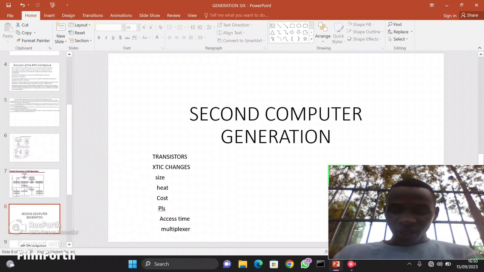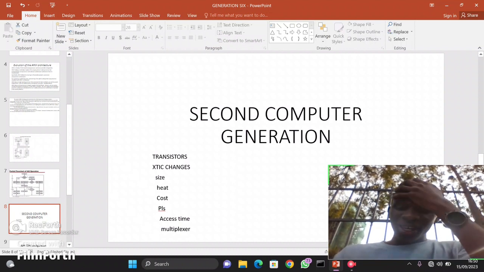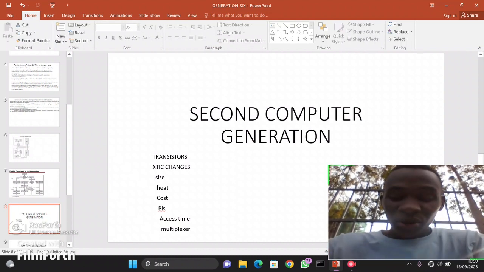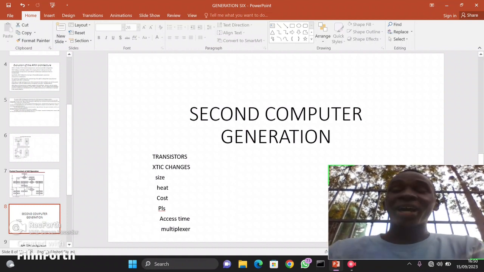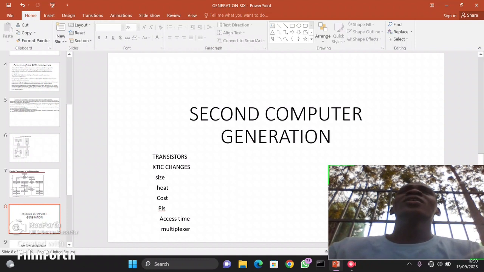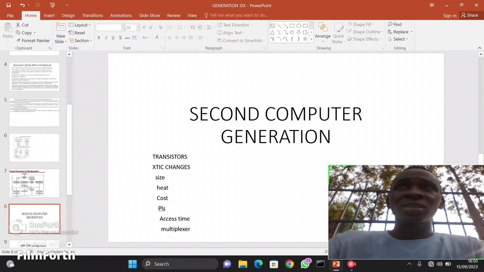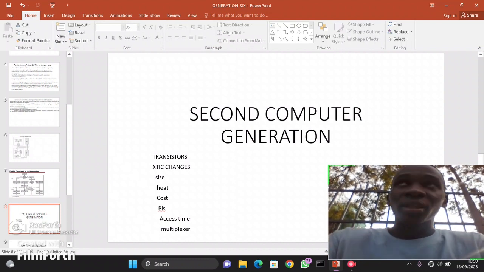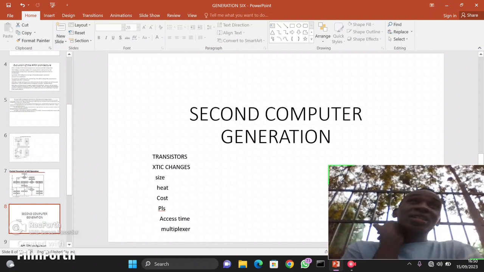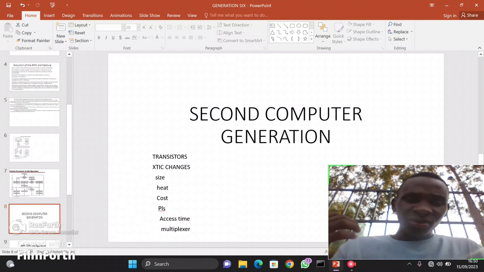Going to the characteristics of the second generation computers, there was an introduction of more complex arithmetic and logic units, and the control units also. There was also a high use of programming languages, which wasn't seen in the first generation of computers, and there was also a provision of system software with a computer.